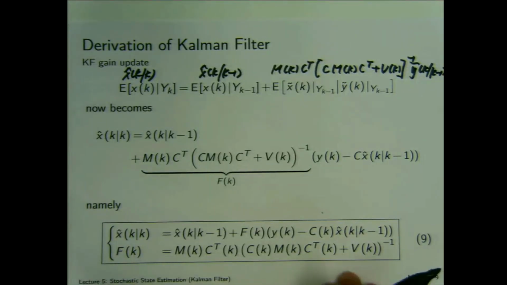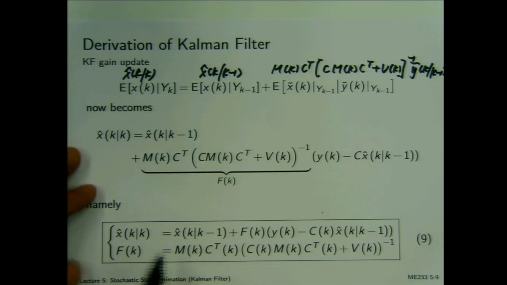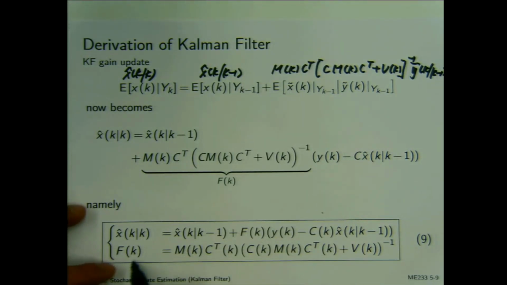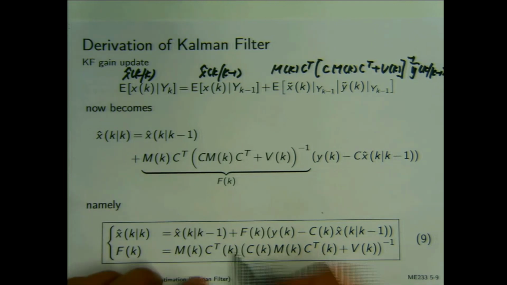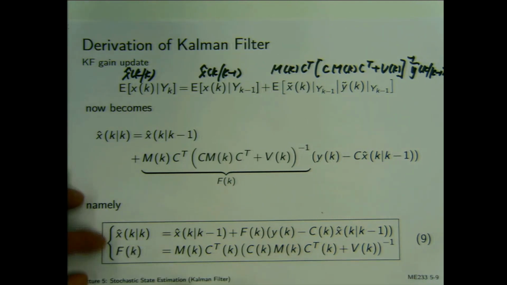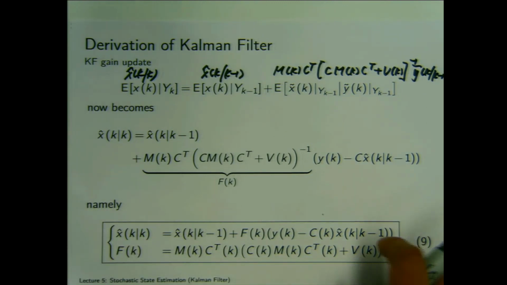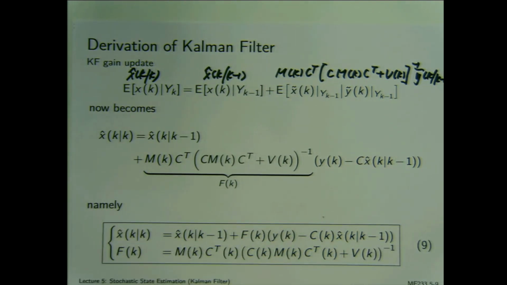Okay? So we can write it a little bit more compactly by breaking it down into two equations. In practice, we can compute this gain offline first, because these gains depend on, oh, I have to introduce another equation first. I'll explain how these gains are computed in a while. What's remaining for us to be able to implement this Kalman filter?